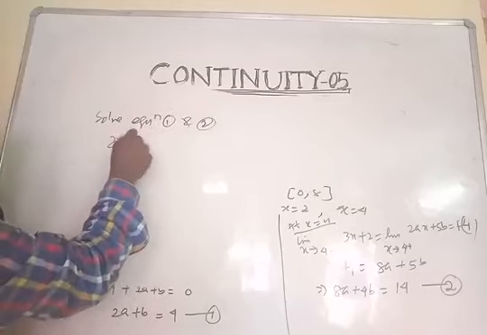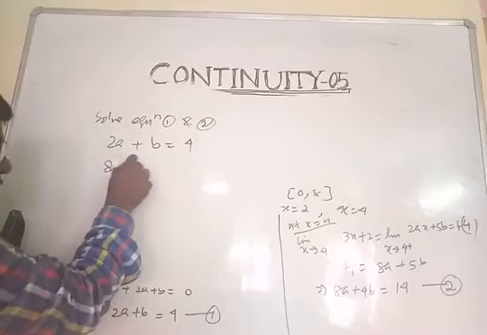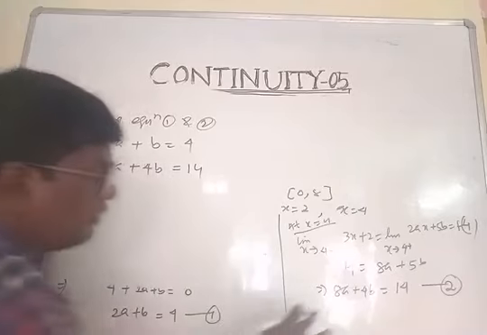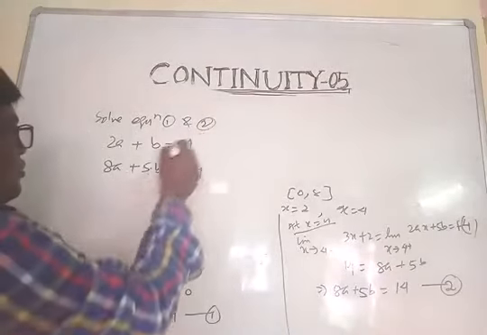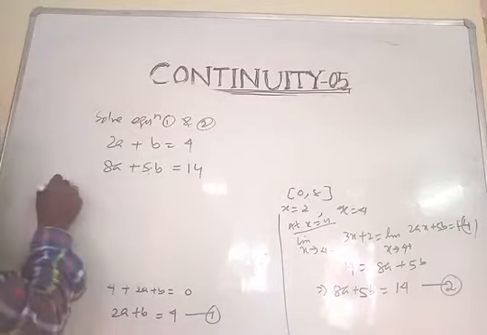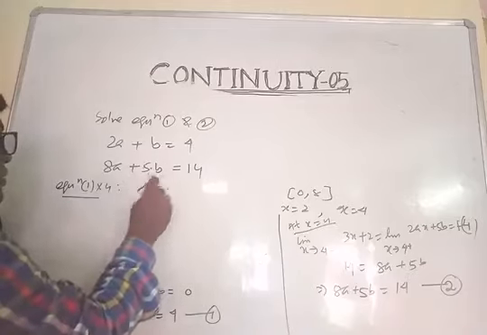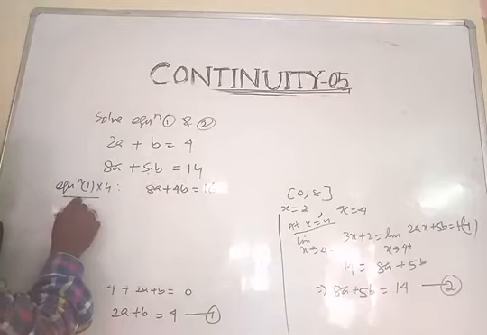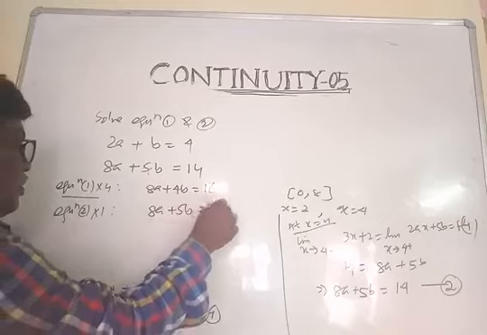That is 2a plus b is equal to 4, and 8a plus 5b is equal to 14. So equation 1 into 4, which is 8a plus 4b is equal to 16. Equation 2 into 1, which is 8a plus 5b is equal to 14.